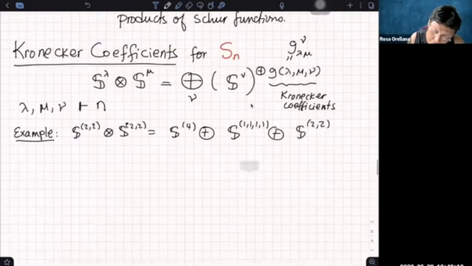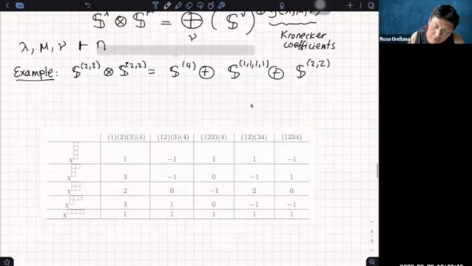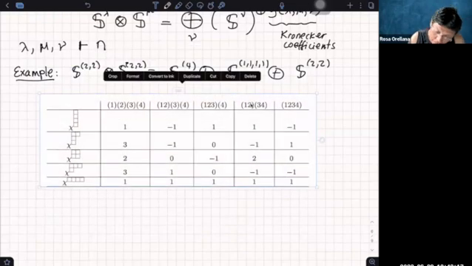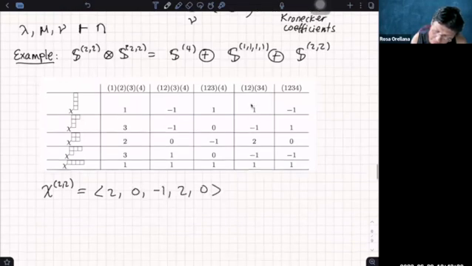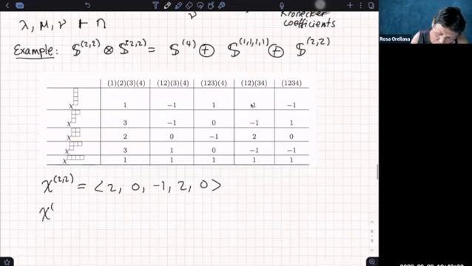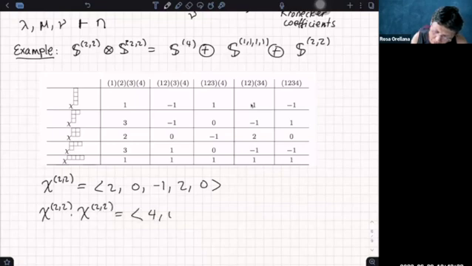If you check, you will notice that the character for (2,2), looking at it as a vector, is this vector. If I do the Kronecker product, which is just the pointwise product of the two functions, you would get 4, 0, 1, 4, and 0.